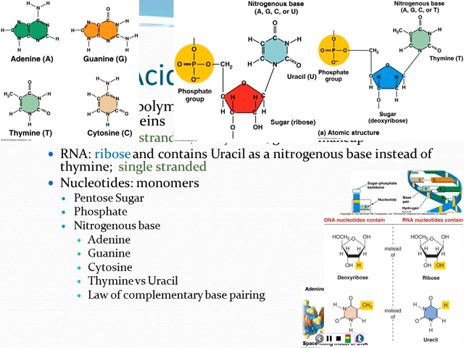So if there's some sort of damage to the DNA somewhere, we can always match it up again. Pretend there was a damage over here to this thymine over here, so this thymine is not there. Okay, so for the DNA to repair itself, it's really easy because it knows what to match it up with. If this strand is still intact, then it just needs to bring in another thymine in there and it'll be fixed.